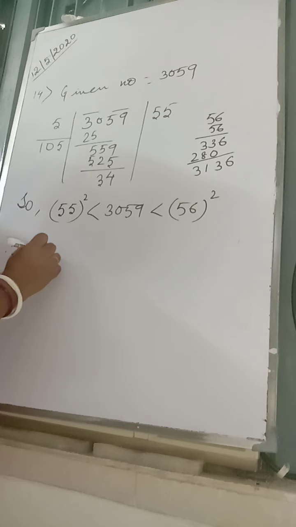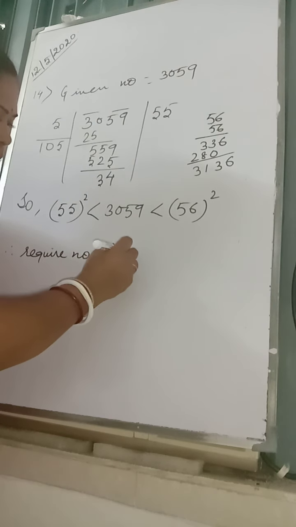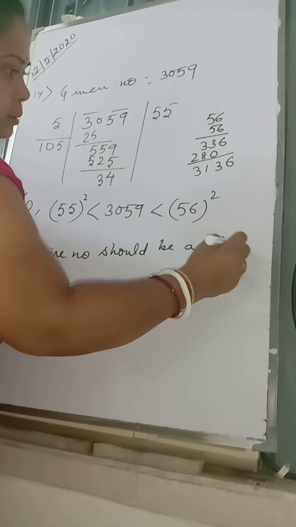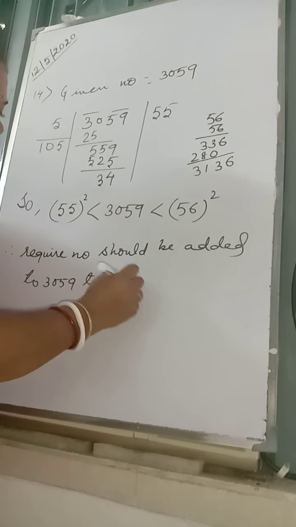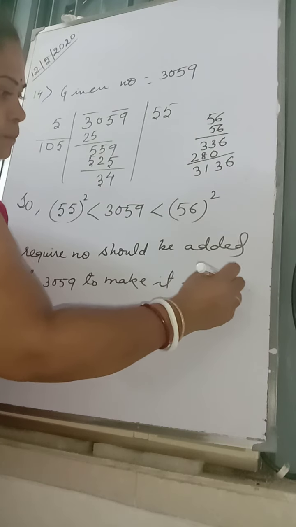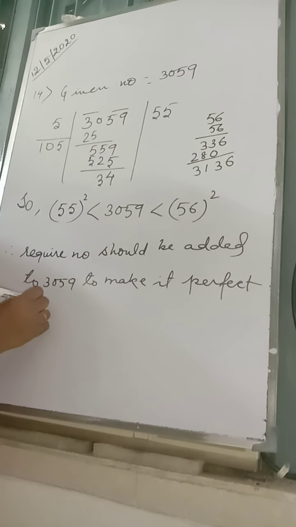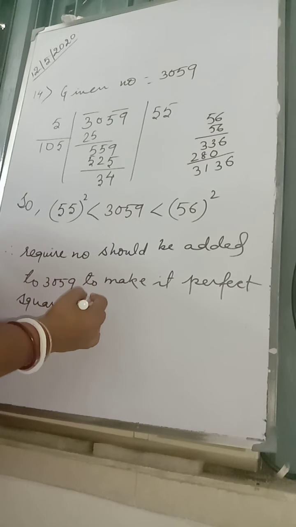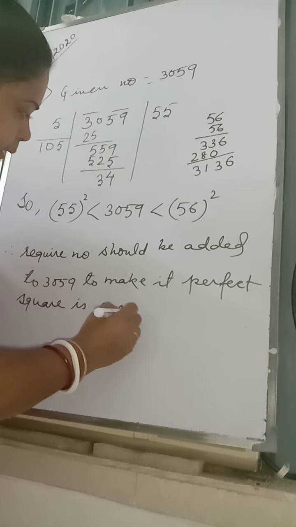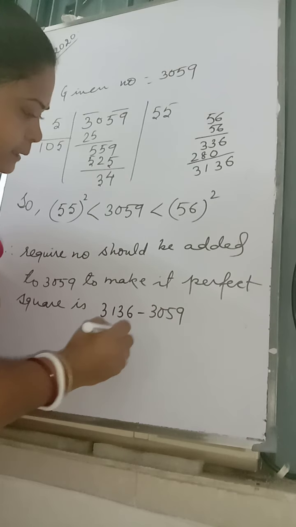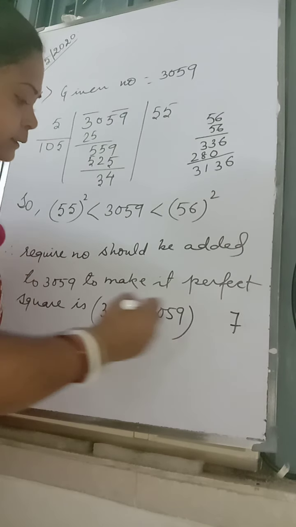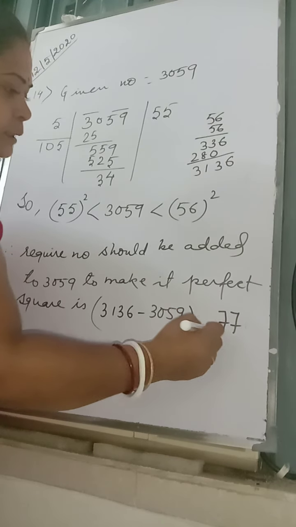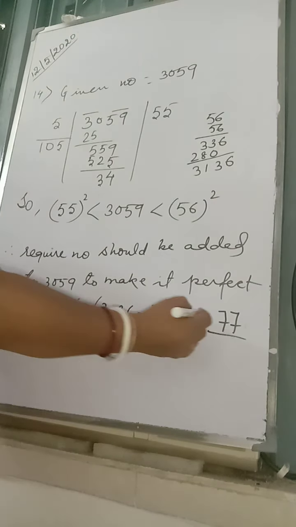Therefore, required number that should be added to 3059 to make it perfect square is 3136 minus 3059, which is equal to 77.